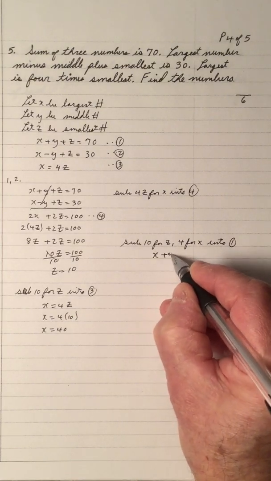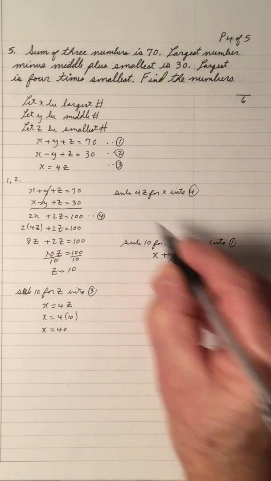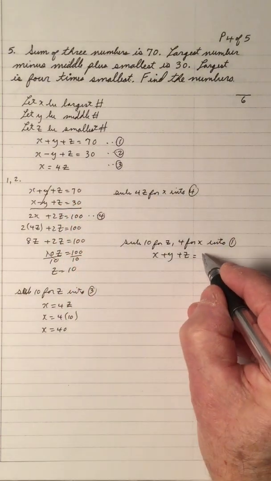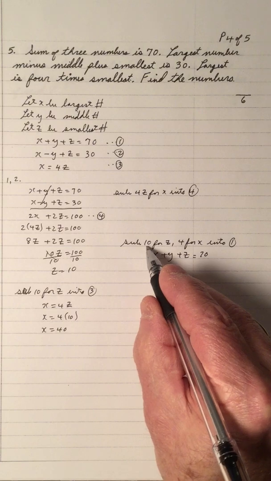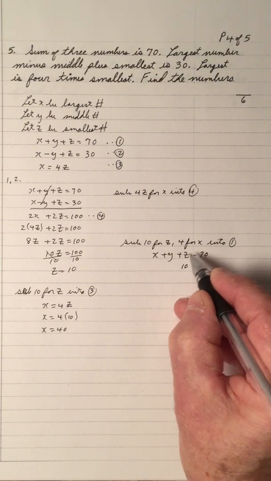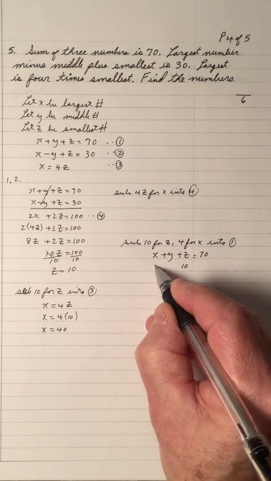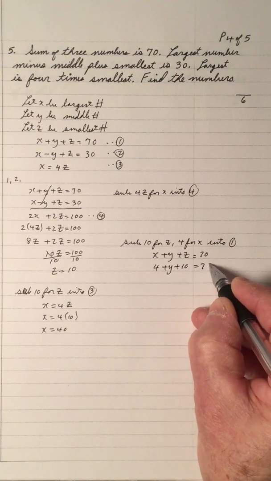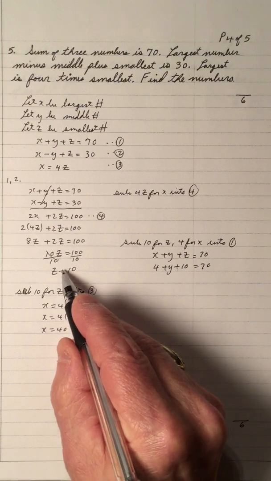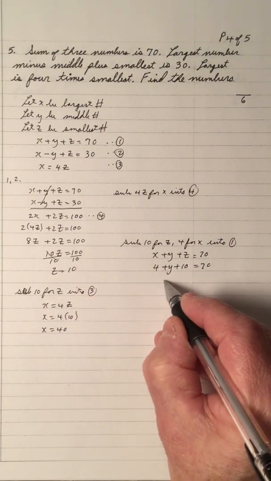So x plus y plus z is 70, and z is 10, 40 for x, so we'll get that done. I have z and x in the equation, and I'm solving for y.